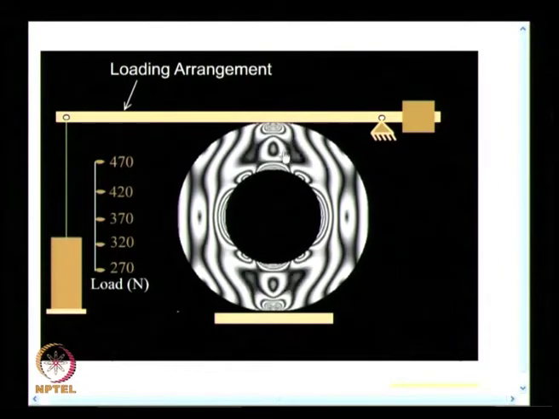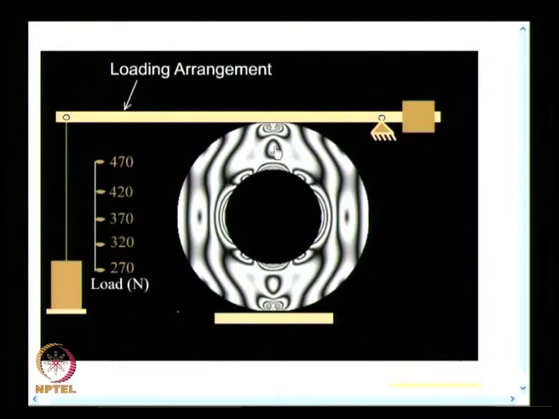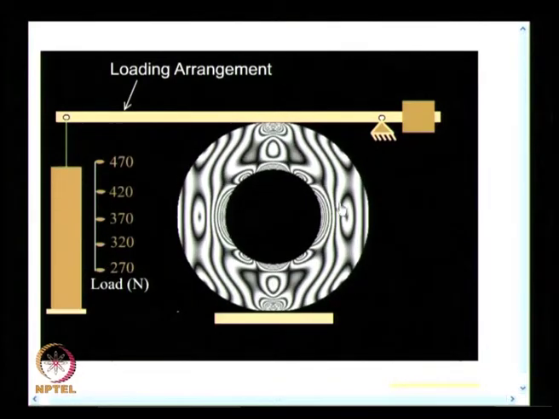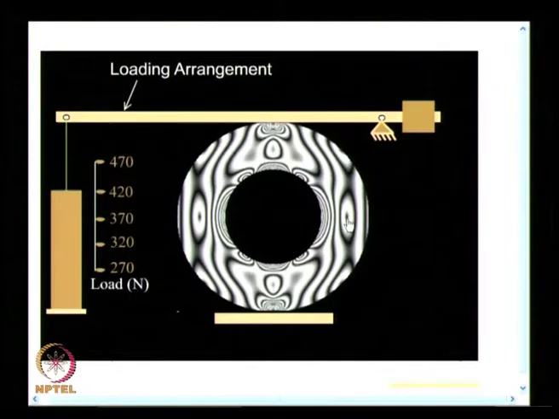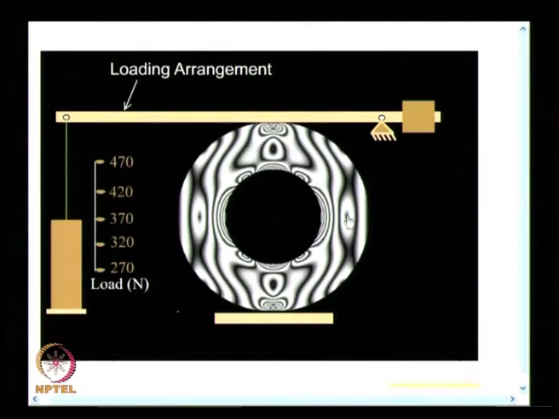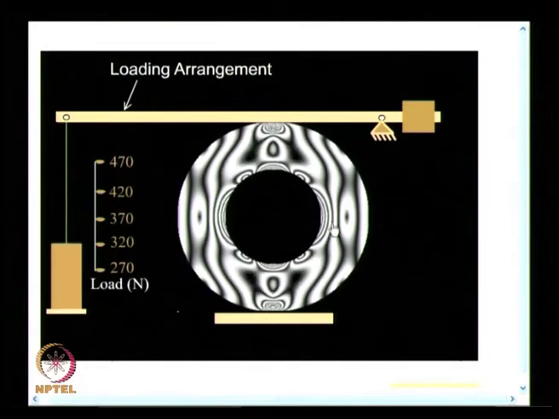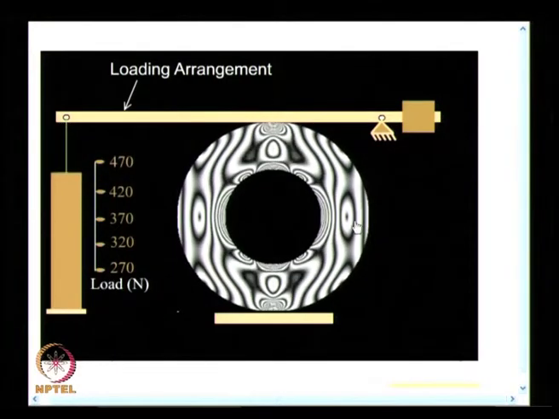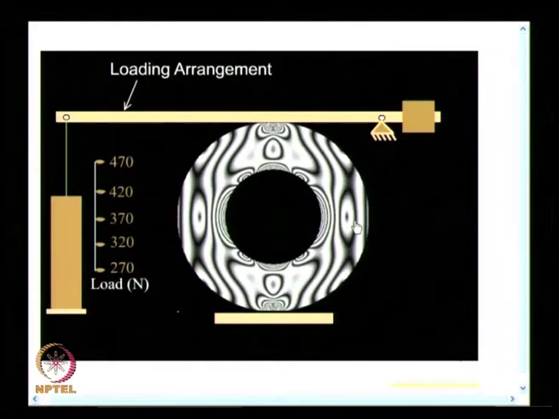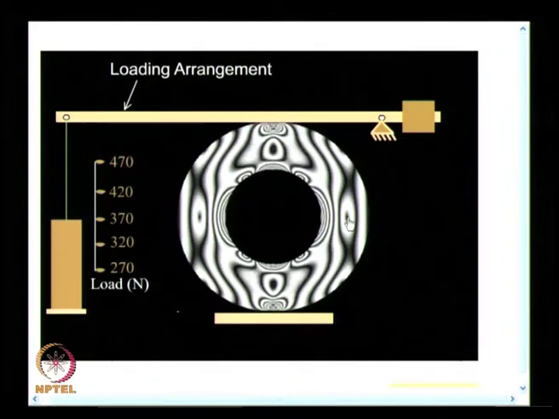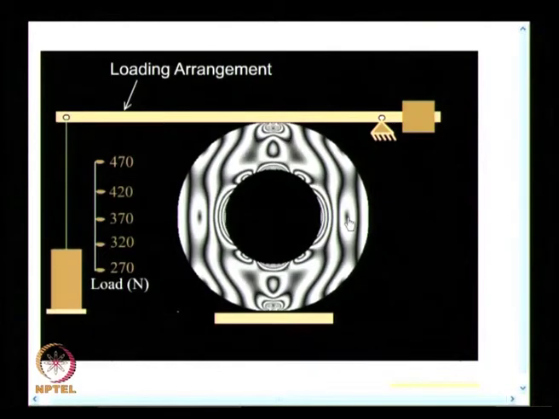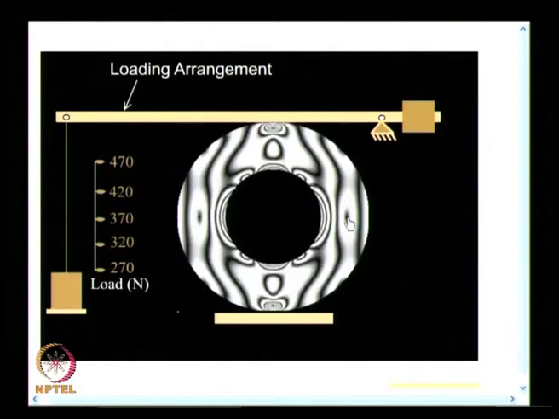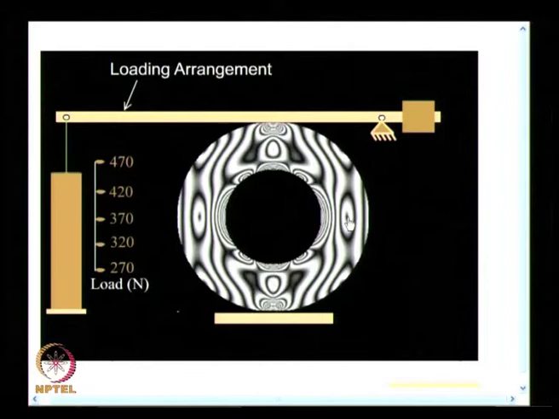I also caution that you have a fringe that vanishes here, and another situation where a fringe does not vanish, it remains in its place, and as the load is increased, the density in its neighborhood increases. I had also mentioned that such a fringe is essentially a zeroth fringe order, it does not move as a function of the load application. And we would find out this identification of the zeroth fringe order by other methods also.